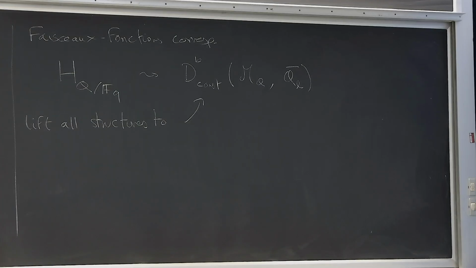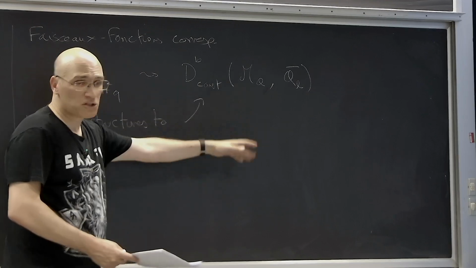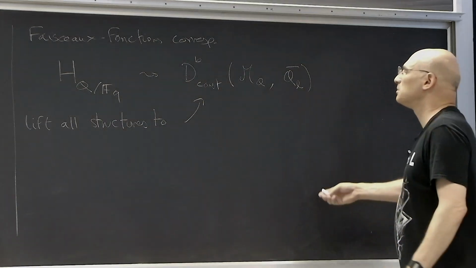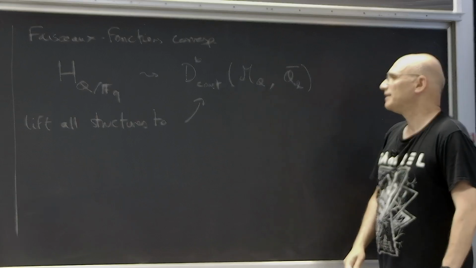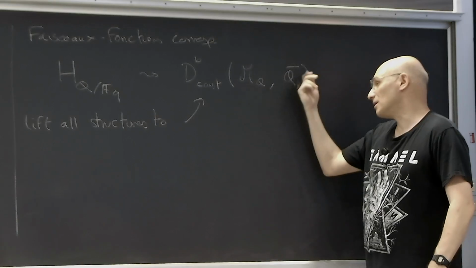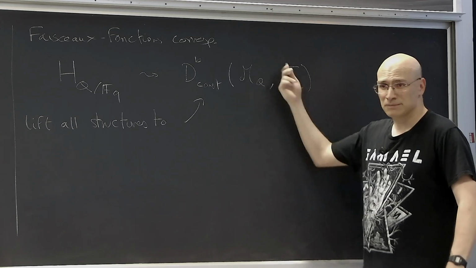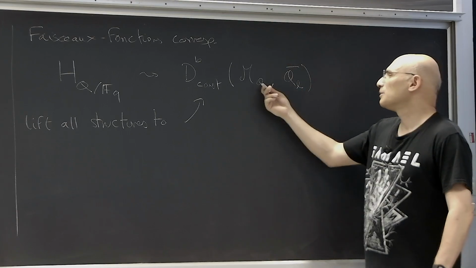OK, so why you would like to do something like this? Maybe it's not completely clear from the start. But at least you can imagine that you will get more structure by looking at sheaves rather than just looking at dimension of the stalks of these sheaves. And in here, we know that there are some special heart, the perverse sheaves, and some special basis, some special simple objects, which are the simple objects in this heart, which are the simple perverse sheaves.